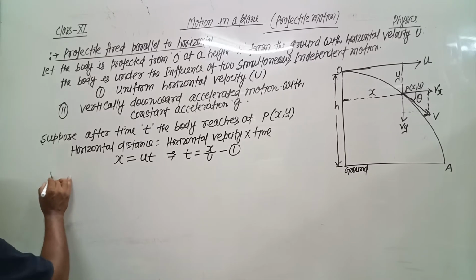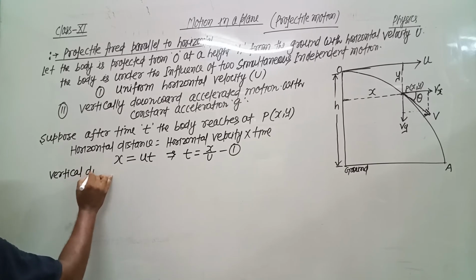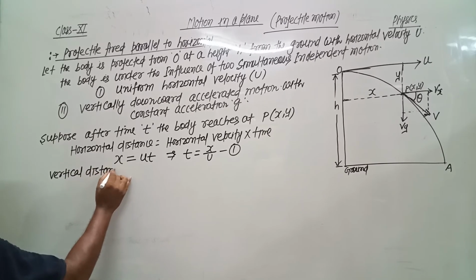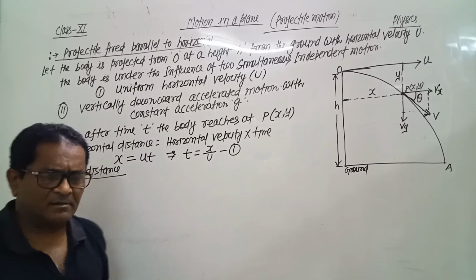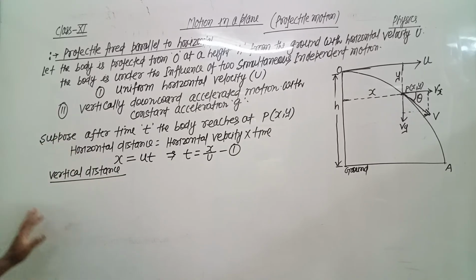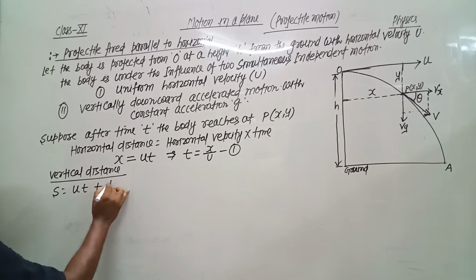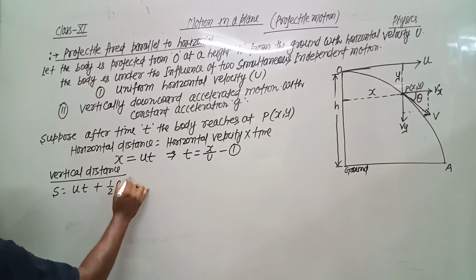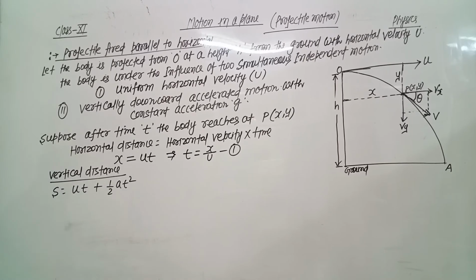Now for vertical distance covered, we use the formula. This is the accelerated motion with constant acceleration. So the formula for constant acceleration, s equals ut plus half at square.